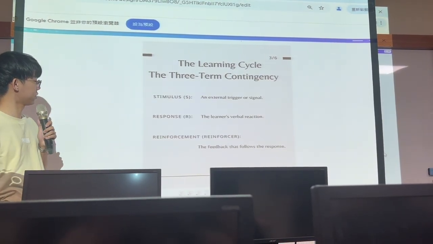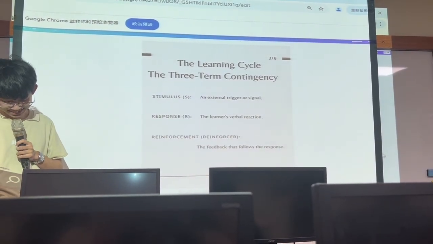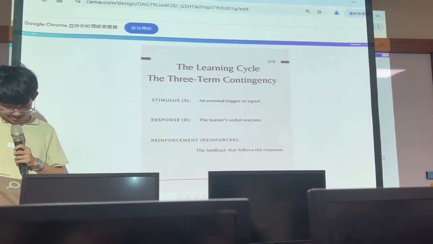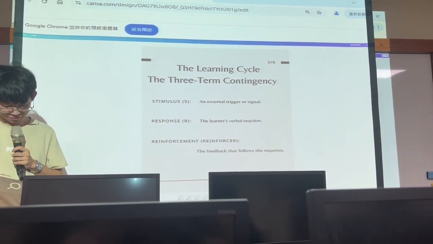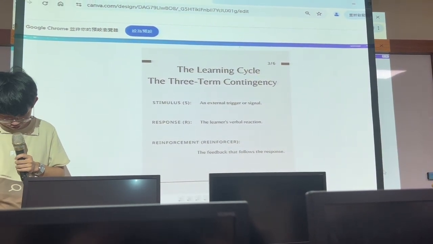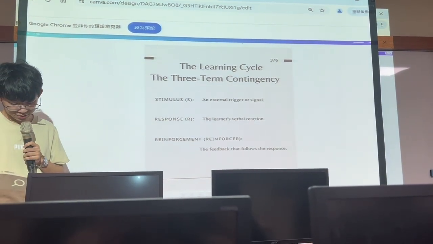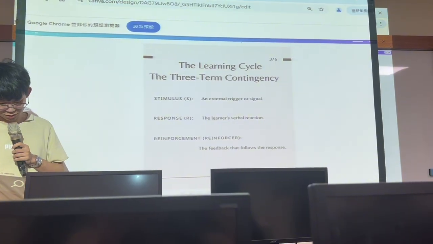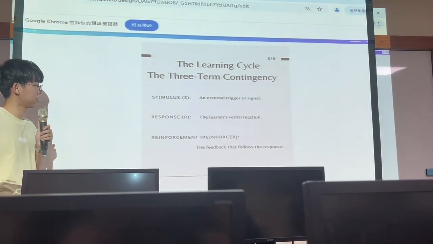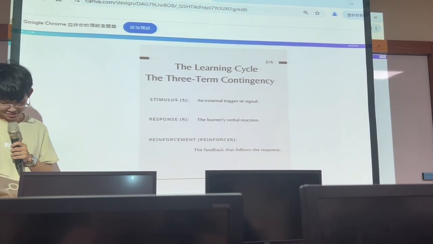Second is the response. The learner reacts to the stimulus, like saying apple or trying to answer the question.